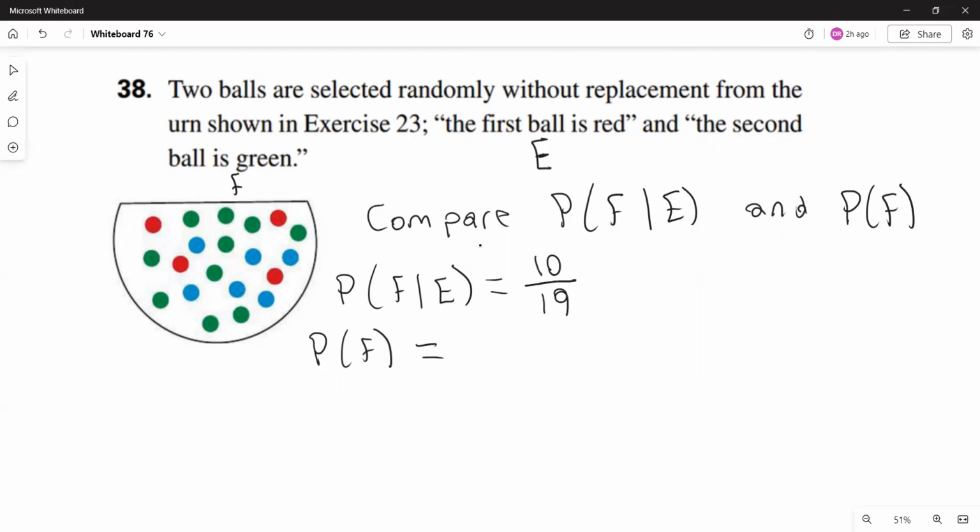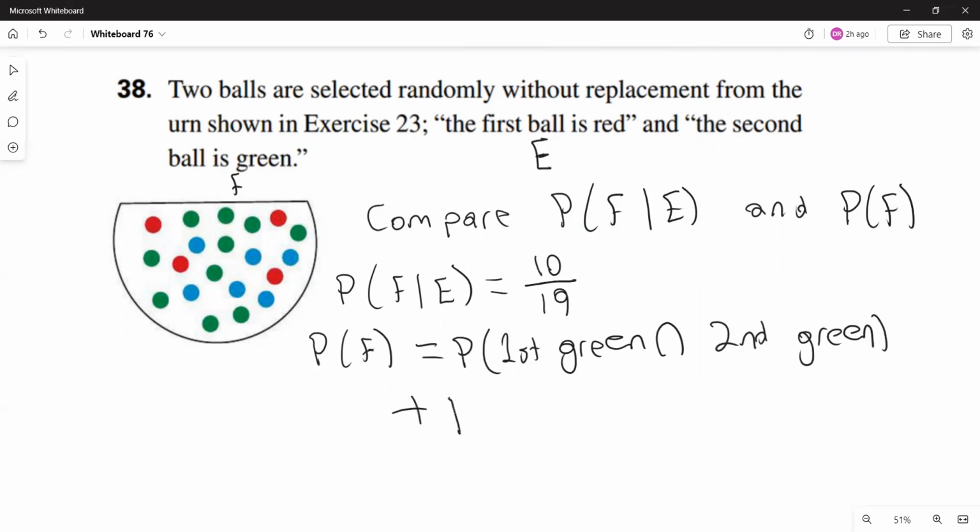So we can split it. The probability that the second ball is green is the probability that the first is green and the second one is green, plus the probability that the first is not green and the second one is green.